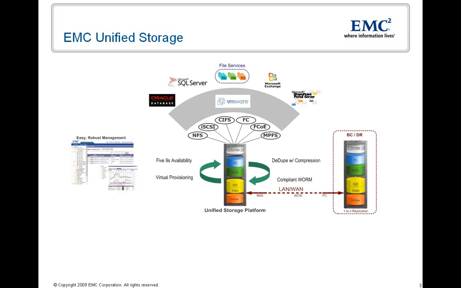DR, very important. Whether you're replicating Fibre Channel, an iSCSI LUN and target, or just general CIFS and NFS data, having a replica or a DR site is very, very important. And again, different types of spindles or drive types is also pretty important when you start talking about total cost of ownership.